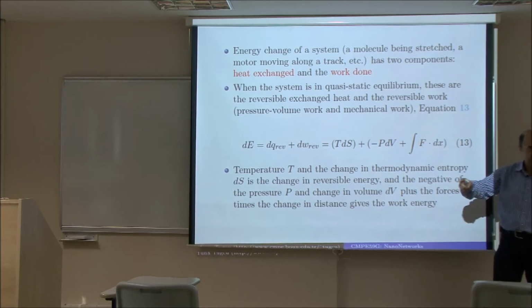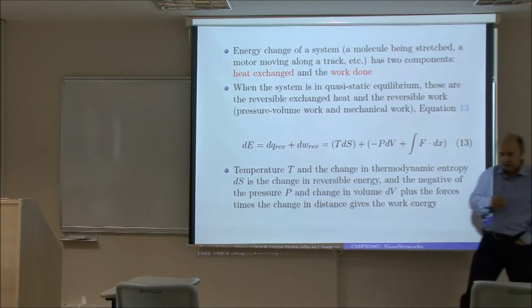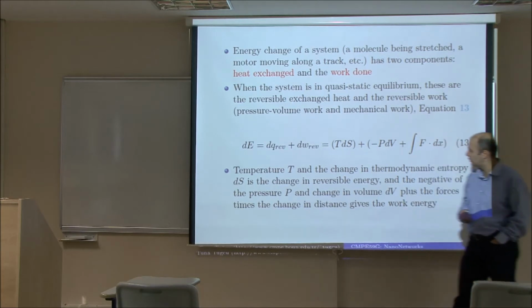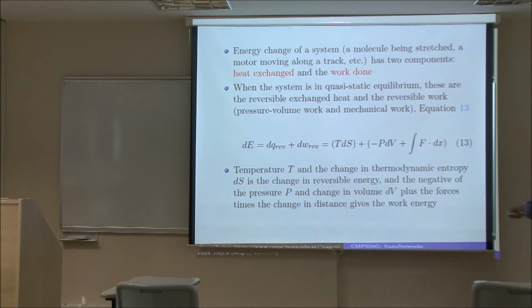Consider a single step, for example. You're at this position and you change in the x dimension. You take a forward step. So T here is the temperature, dS is a change in the thermodynamic entropy, and the others we already discussed.